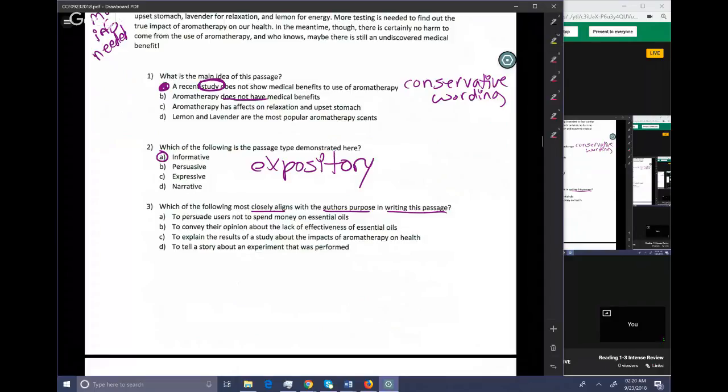You can't do that because of the way that the test is set up on the computer. But what you would do is you would say, which of the following most closely aligns with the author's purpose in writing this passage? You would immediately turn around and read it again, and you would say, which of the following most closely aligns with the author's purpose in writing this passage?